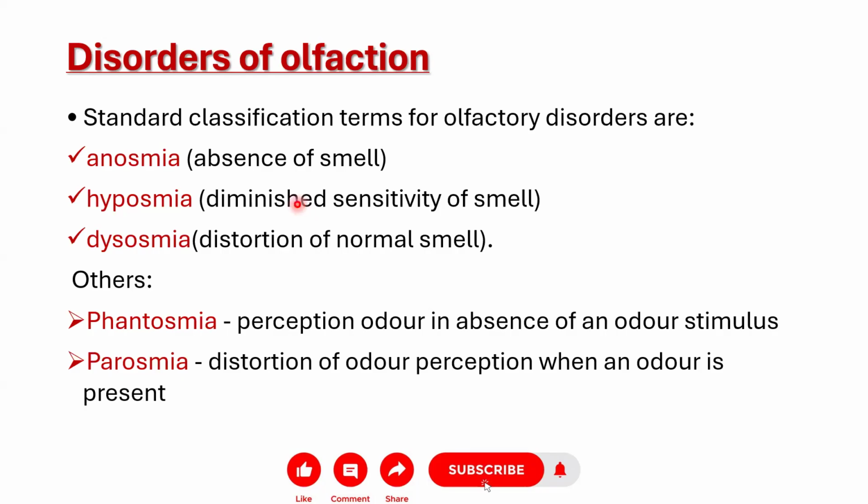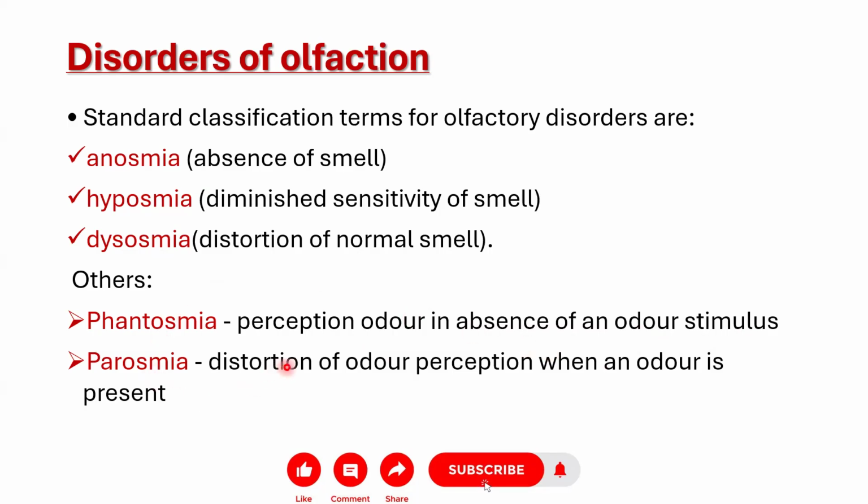And then you can have others such as phantosmia, where you have the perception of a certain odor which is completely absent. So it is perception of odor in the absence of a stimulus. For example, you are perceiving the smell of a pizza, and yet the pizza is not present. That is phantosmia.